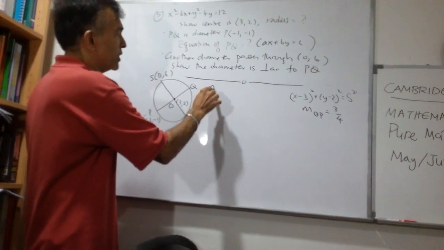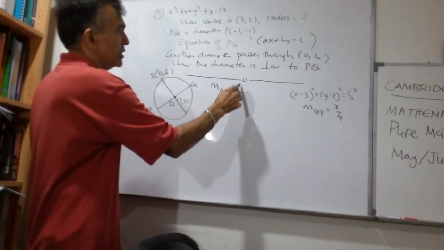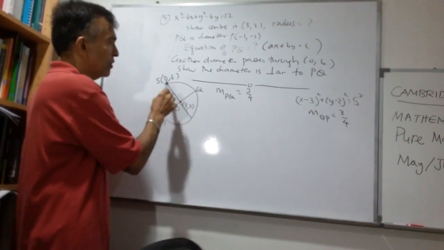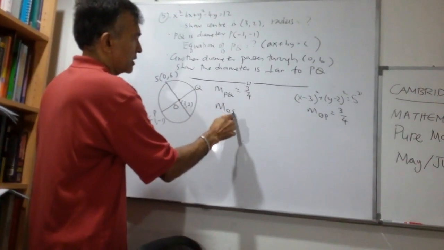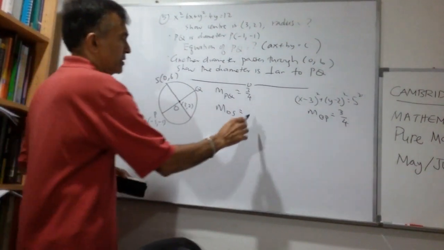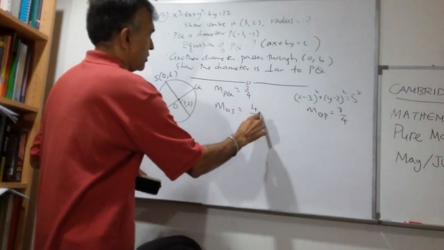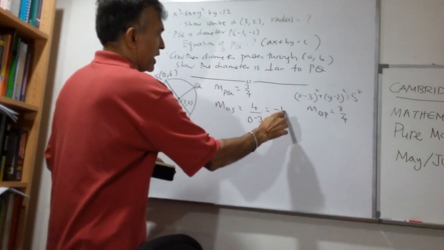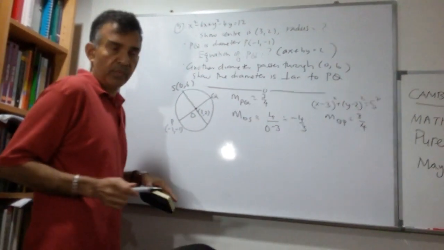We know the gradient of PQ is 3 over 4. So let's go ahead and find the gradient of OS. y2 minus y1 again: 6 minus 2, 4, and I have 0 minus 3. It's minus 4 over 3.